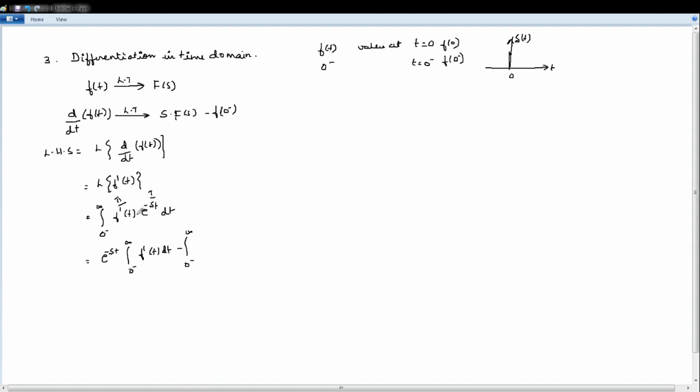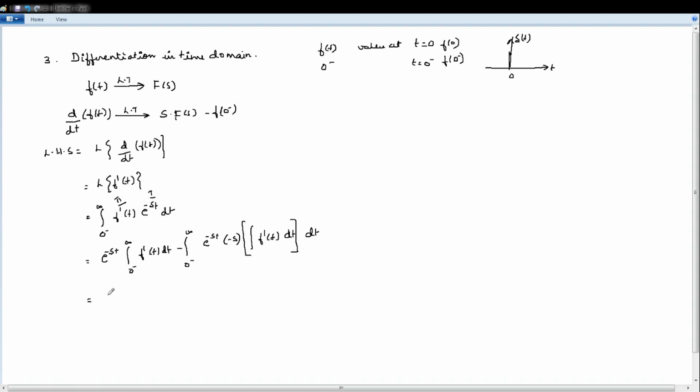Remember, we have to differentiate this with respect to t, so s becomes a constant. So it is e power minus st into minus s, because you are differentiating e power minus st with respect to t, into the integration of the second, which is f dash of t dt. This is the integration of this, and for this integration again you'll have dt, right? Now I can take this into the bracket to make it very clear.